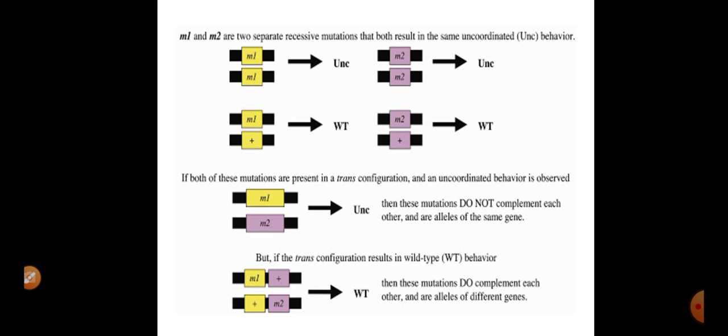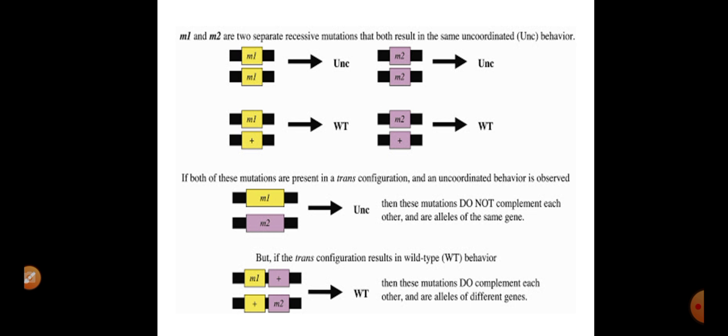Okay, the first figure is about the cis configuration and the other figure is about the trans configuration, where M1 is denoted by a yellow color and M2 by a violet tinge, and uncoordinated behavior is observed.